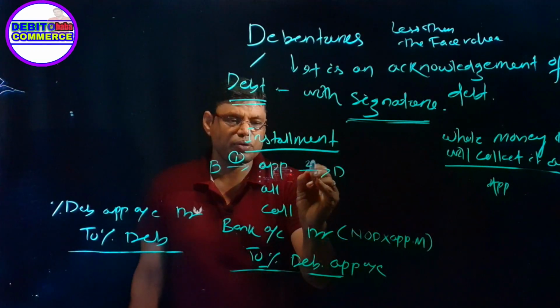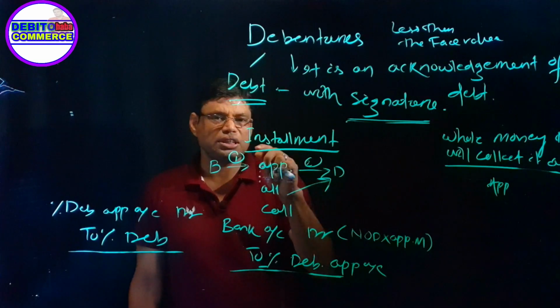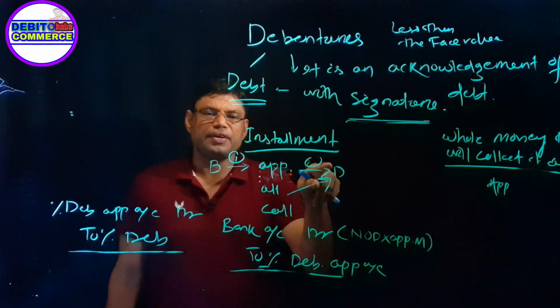Third entry, after the second entry, will be dash percent debenture allotment account debited to dash percent debentures.